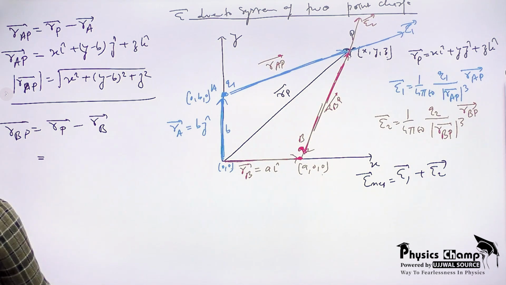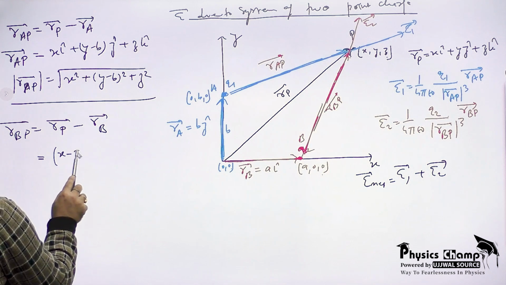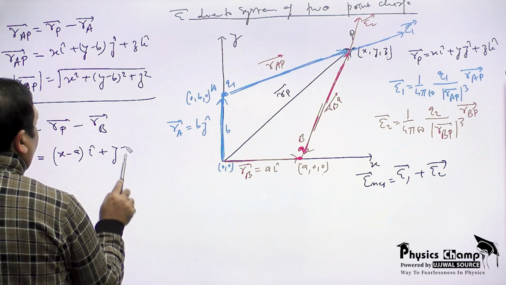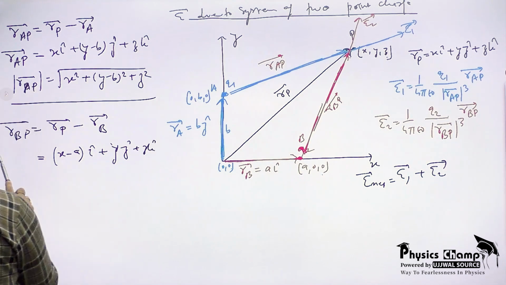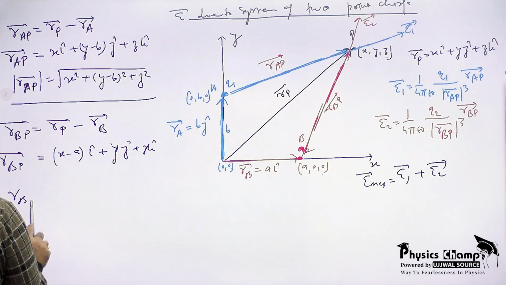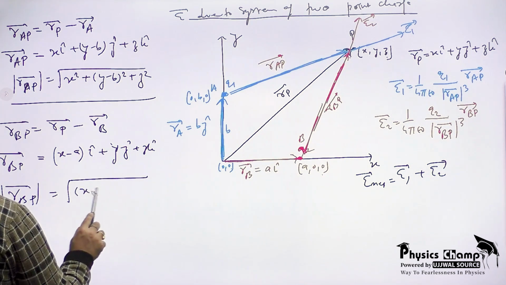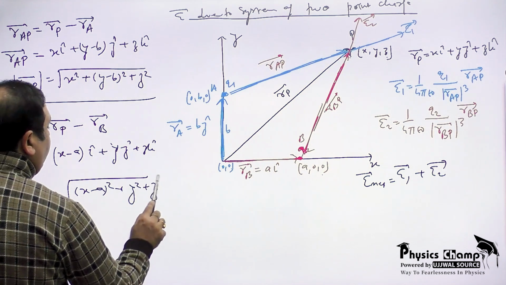So this is going to be (x minus a)i plus yj plus zk. This is RBP vector, displacement vector. So magnitude of RBP vector will be root of (x minus a) square plus y square plus z square.